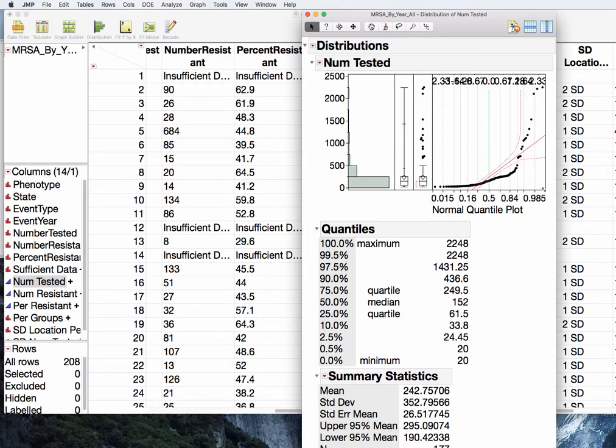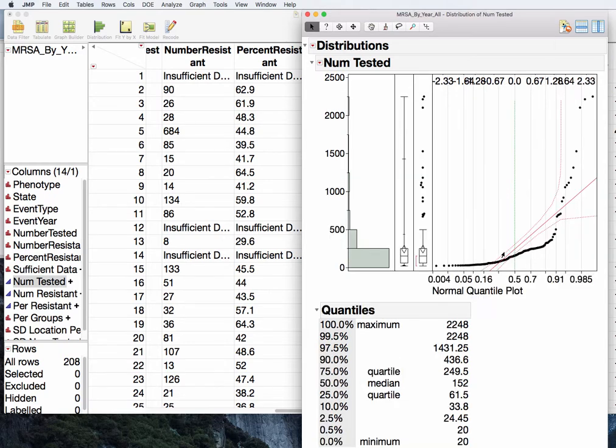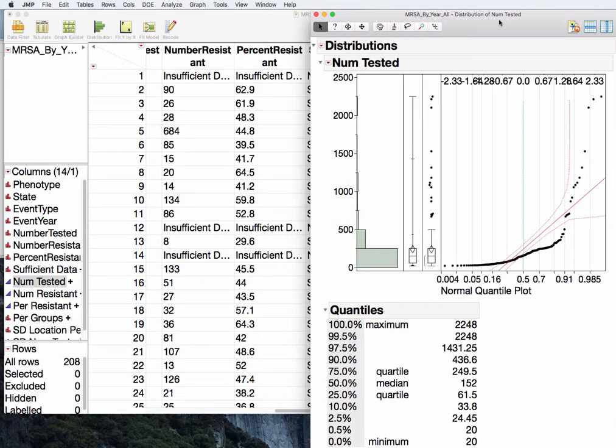If we make this larger, you can see that the bottom sides of the confidence bounds aren't even visible, nor is the lower part of the line. For normality, we want these black dots to follow the line and be within the confidence bounds, and we simply don't have that here.